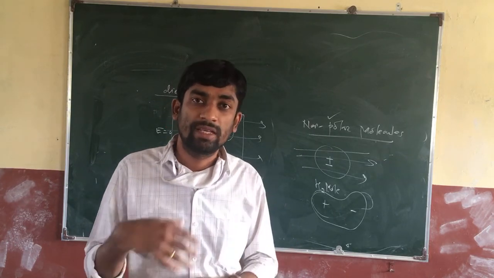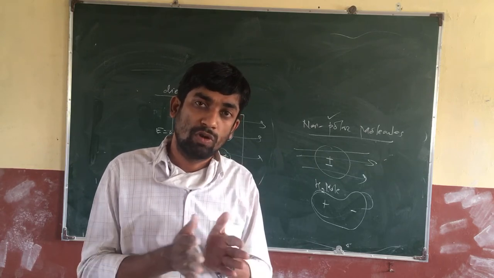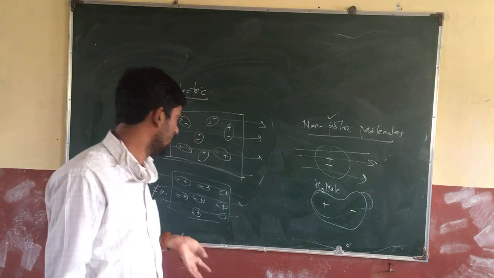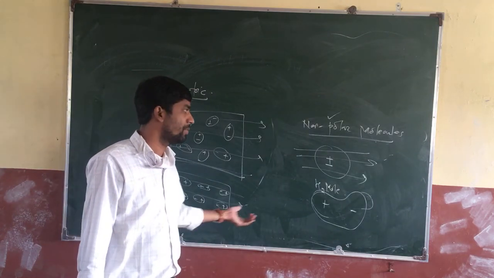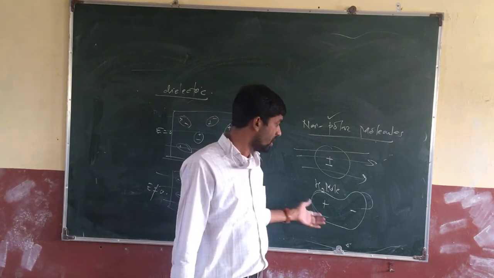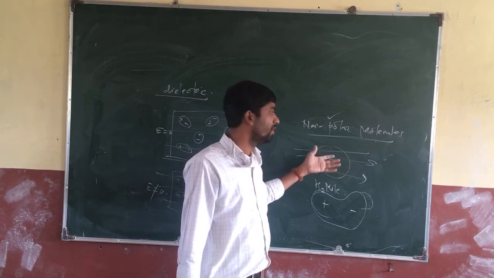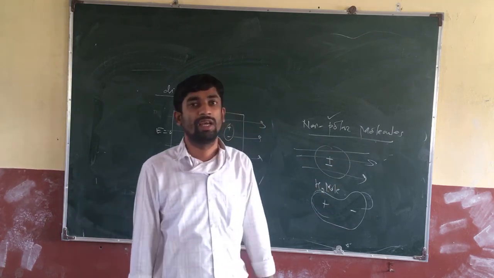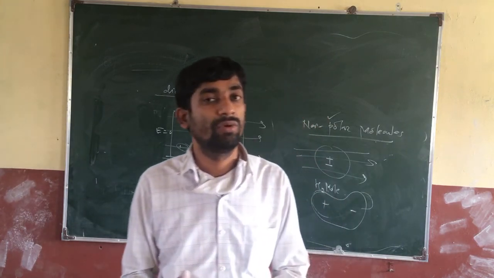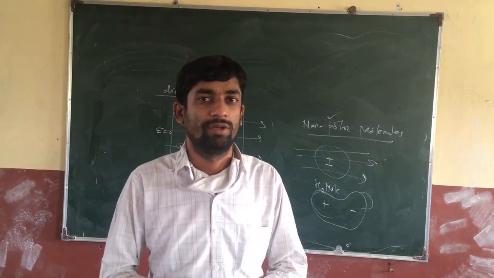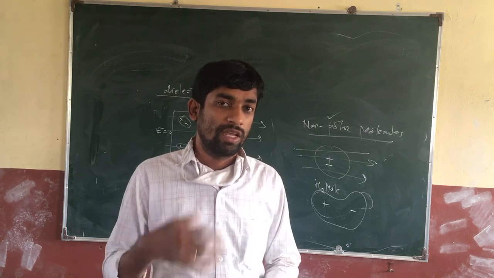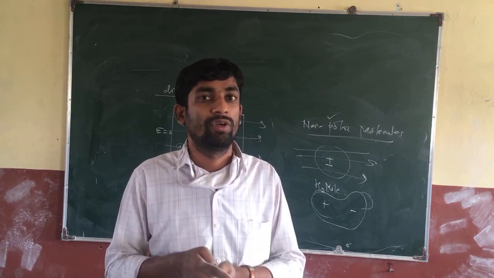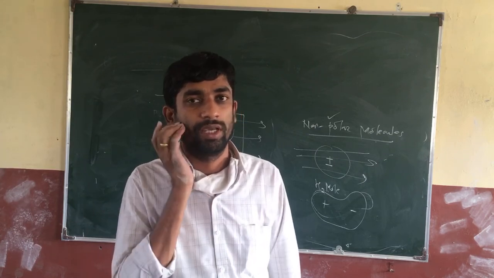If you apply an external electric field, the polar molecules will align in the direction of the external field. And in the case of non-polar molecules, if you apply the electric field, there is a separation between positive charge and negative charge. That is known as polarization. In the next lecture, we will learn about polarization in detail, and about dielectric material also. Okay. Thank you.